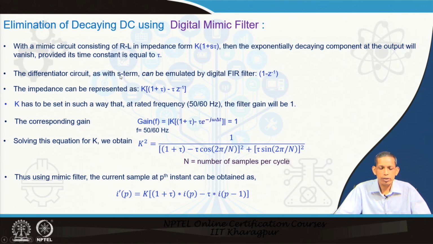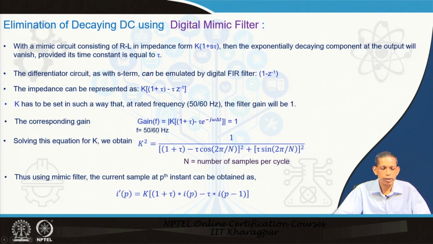So, the s term in this acts as a differentiator circuit, and that can be realized with a digital filter. We can consider 1 minus Z inverse. So, substituting s by 1 minus Z inverse, the impedance becomes k(1 + τ − τZ inverse). The k has to be set such that, because our target is phasor estimation, the filter gain has to be 1 for the 50 or 60 hertz nominal frequency.